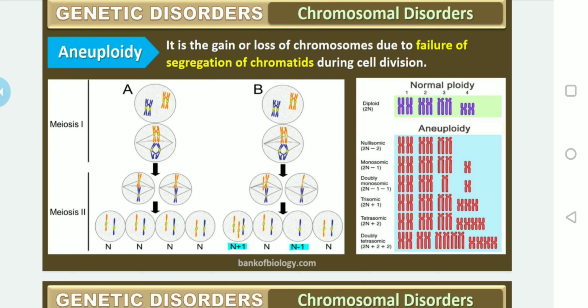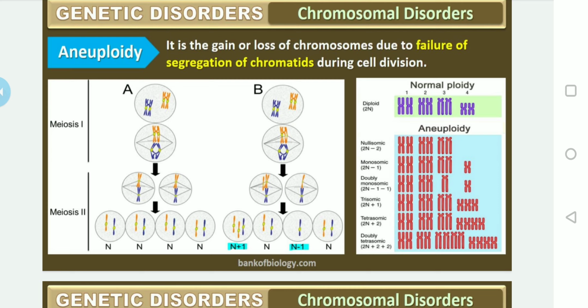There are some cases, of course rare, but still recorded: double tetrasomy, 2n plus 2 plus 2, that is 46 plus 2 plus 2, which becomes 50.